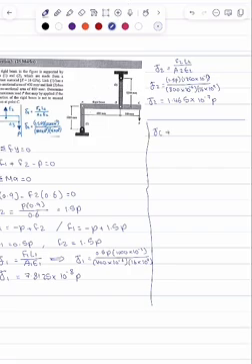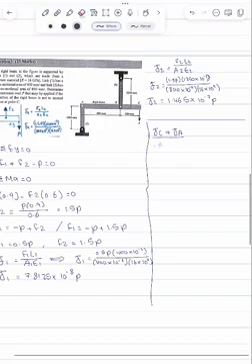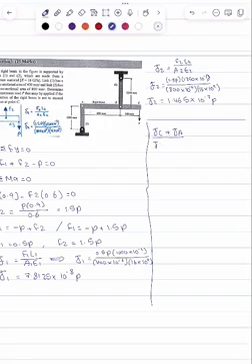And now we have, by similar triangles, delta C minus delta A over delta B minus delta A equal 900 times 10 power minus 3 over 600 times 10 power minus 3.